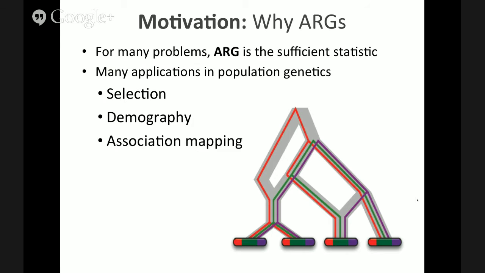And there are many applications. So if you could infer ARGs, you could infer different patterns of selection, different patterns of demography, perhaps even association mapping could be done more accurately if we could model and infer ARGs better.